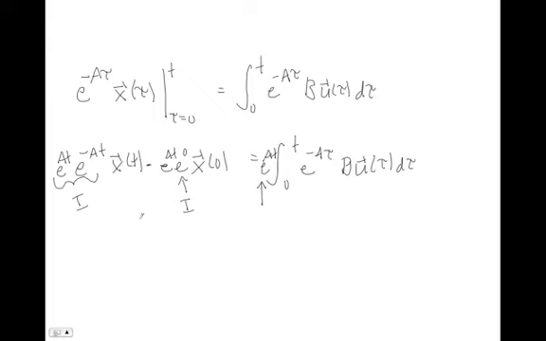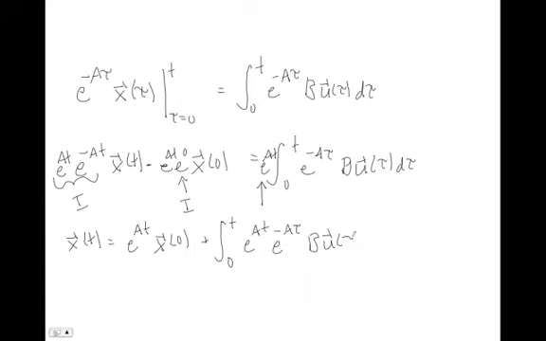So I do a little simplification here, and I get that x at t is equal to e to the at x at 0 plus the integral. So I'm moving this e to the at inside, but it doesn't have a tau in it at all. So I have this e to the at e to the minus a tau b u at tau d tau.